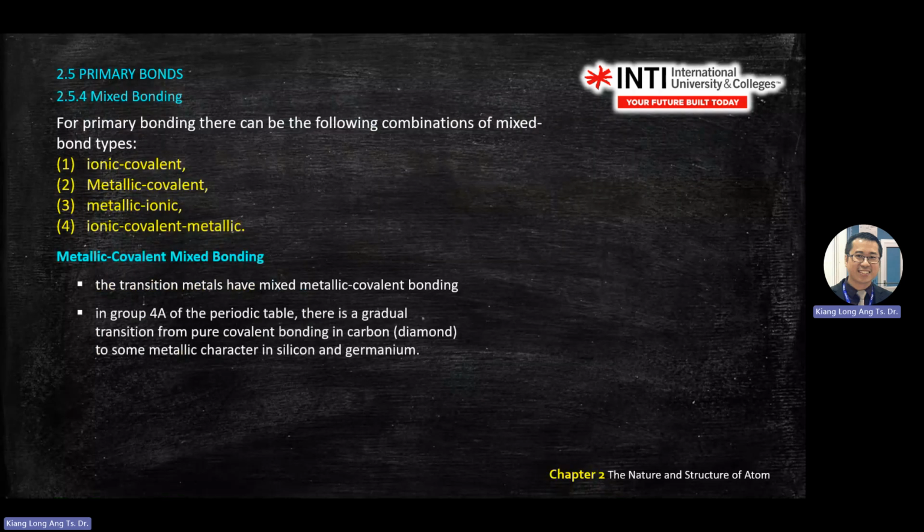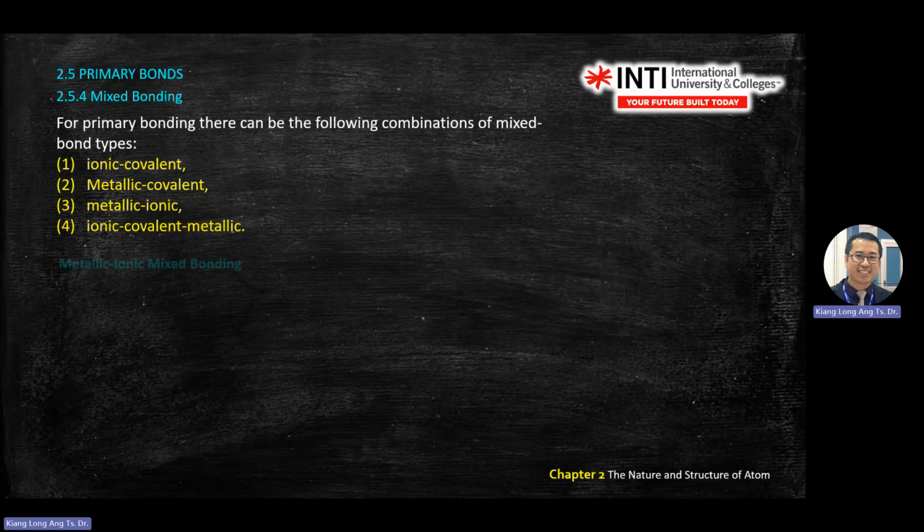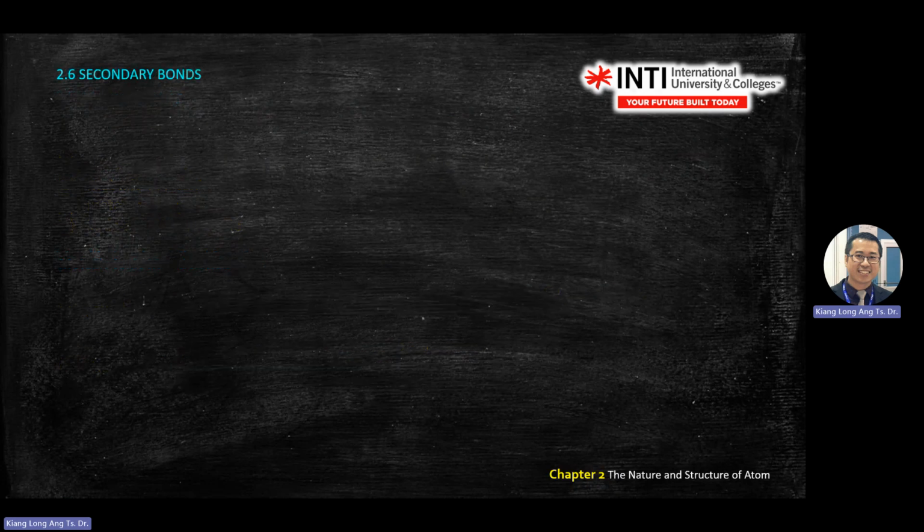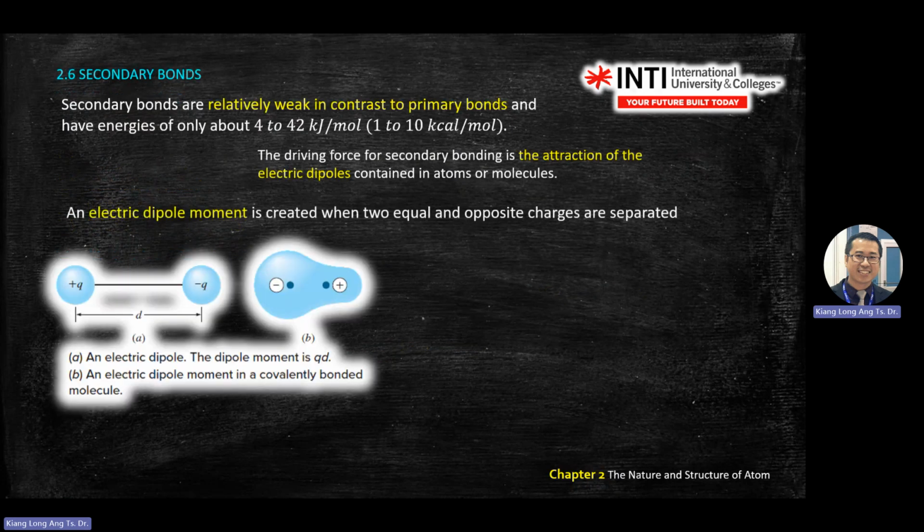Okay. Metallic bonding, this one also you read. Metal-covalent also you read. Secondary bonding will be something like dipole interactions. This one I won't ask you.